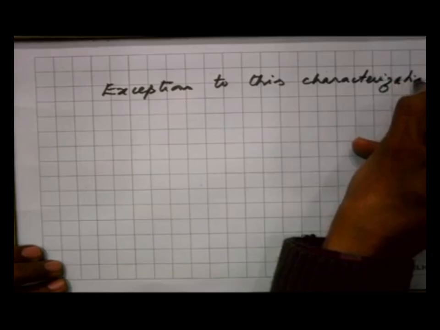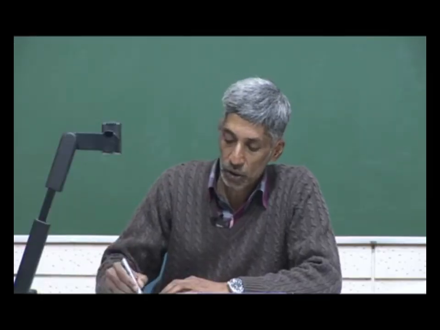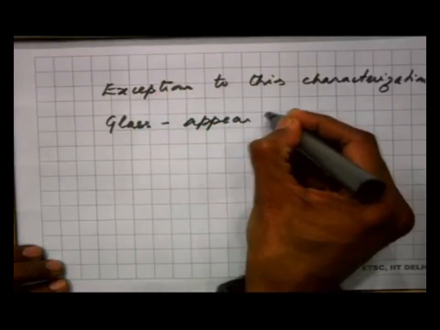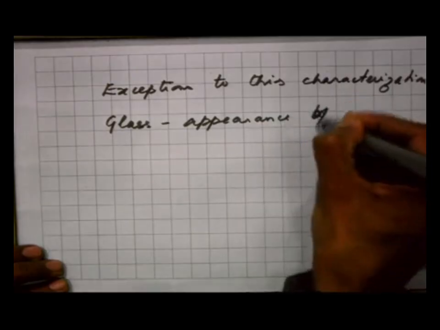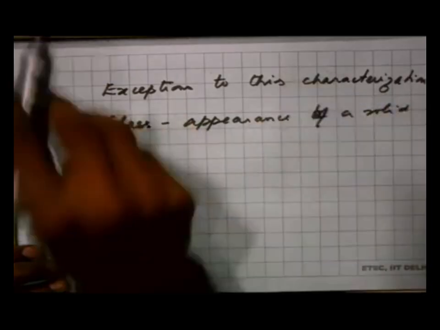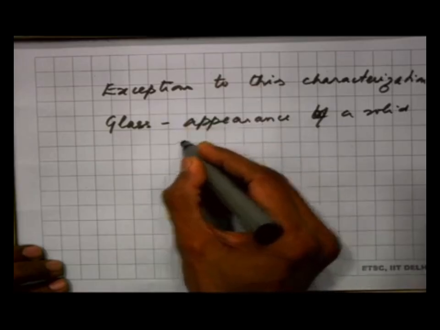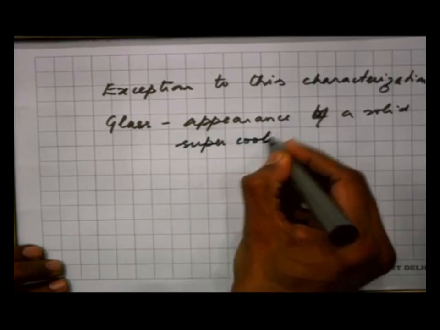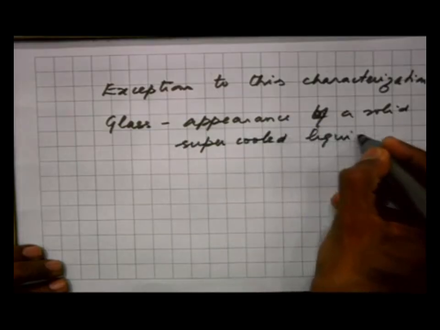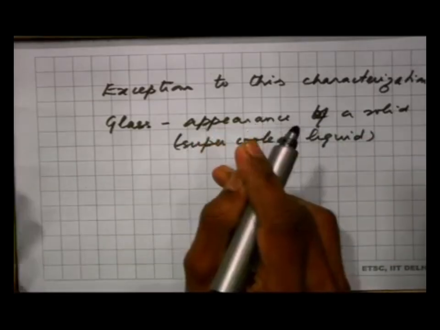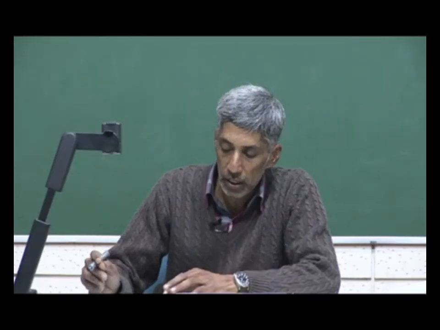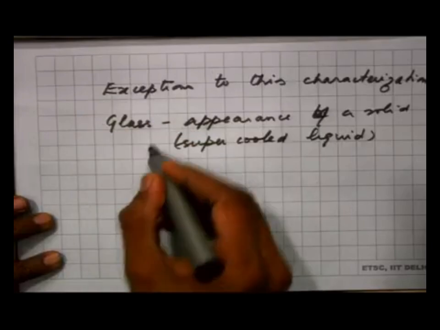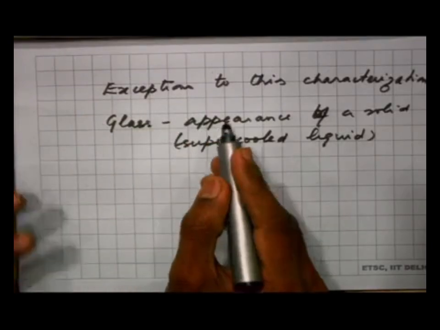For example, the window in many houses is made of glass. In appearance, glass appears to be a solid, but in reality it is actually a supercooled liquid. What a supercooled liquid is, is not something that we will worry about right now, but the reality is that glass, although it looks to us like a solid, is really not a solid. So, there is this problem of characterization into solid, liquids and gas based on what we see.